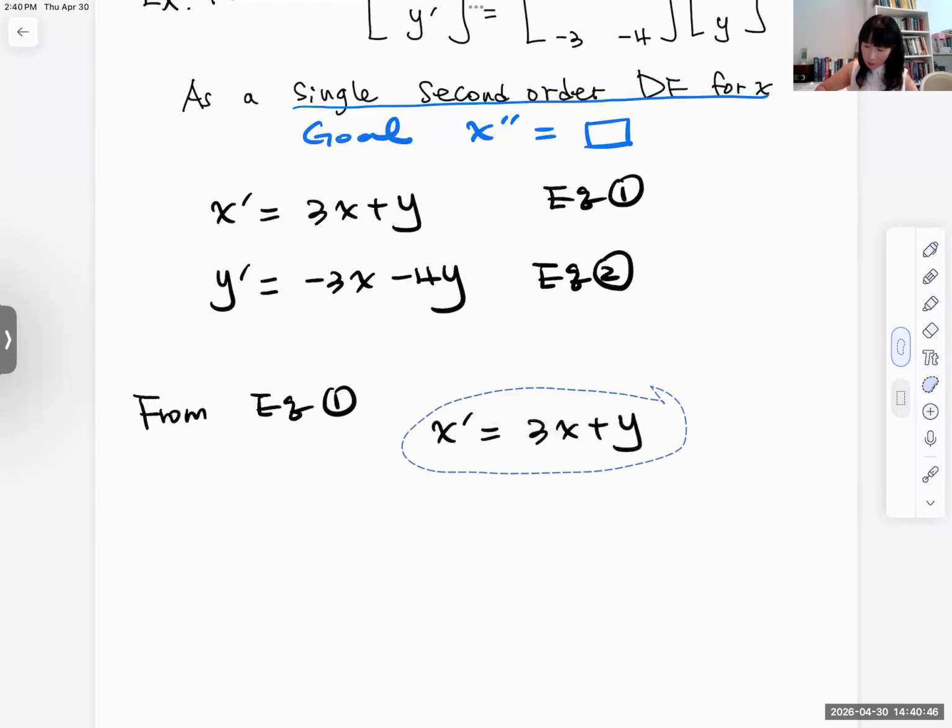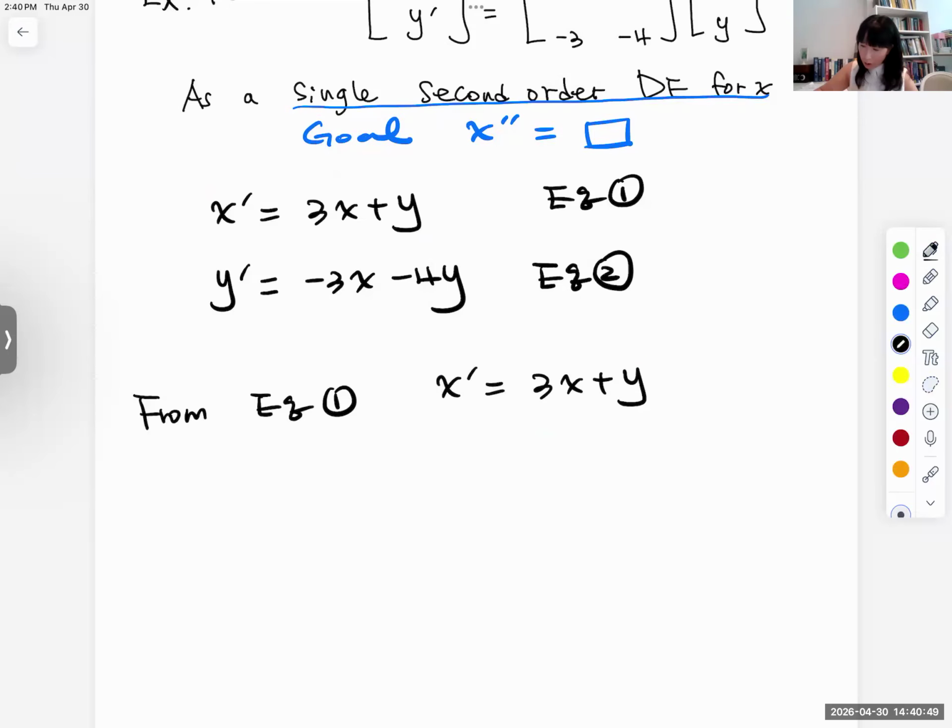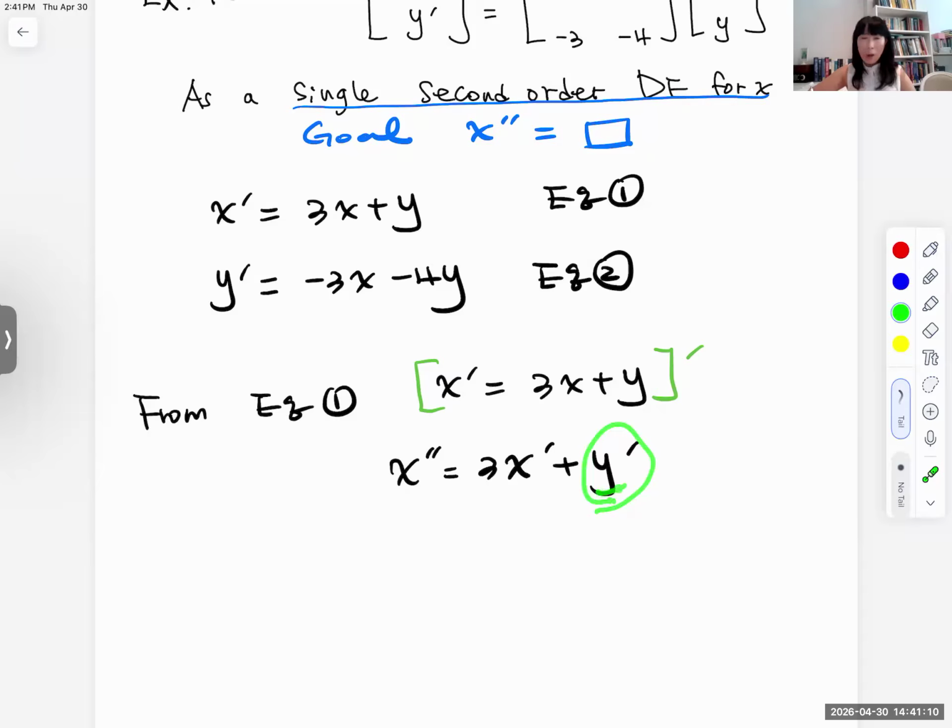So let me write down everything here. Copy, derivative. So we get x double prime equal to 3x prime plus y prime. Done, right? Okay, but then we cannot leave y prime there. So means that we want to answer in terms of everything is x, right?